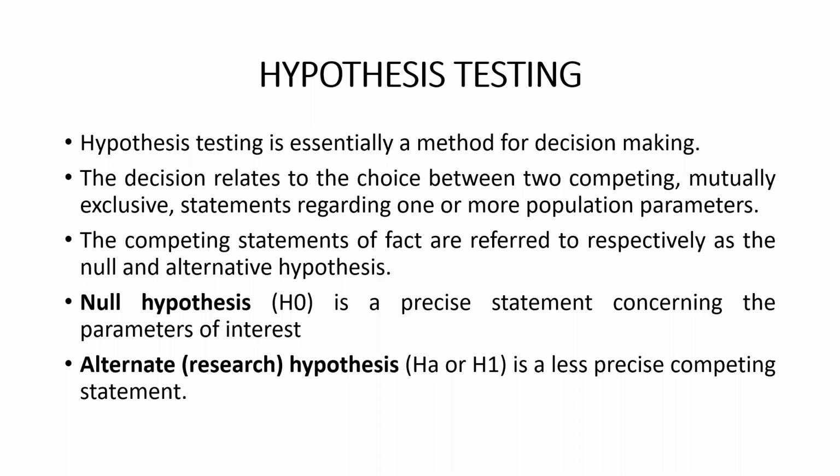So to be more specific, in hypothesis testing there are two different statements. These are competing statements of fact and are referred to as the null hypothesis and the alternate hypothesis. This is not alternative, it is alternate.